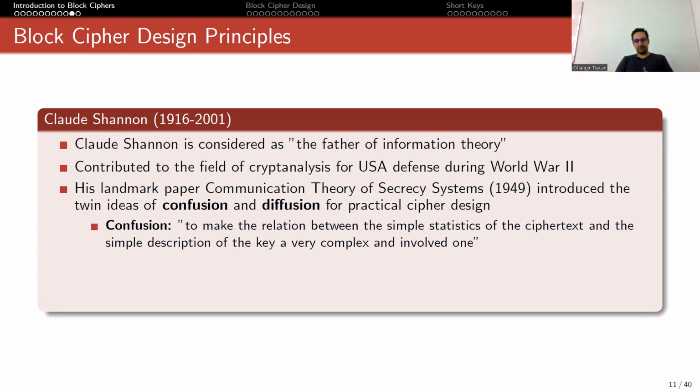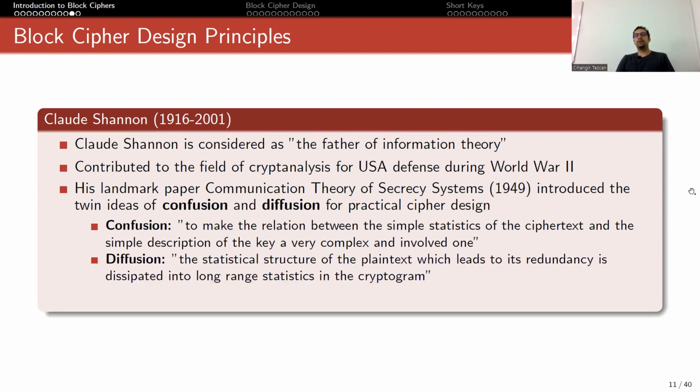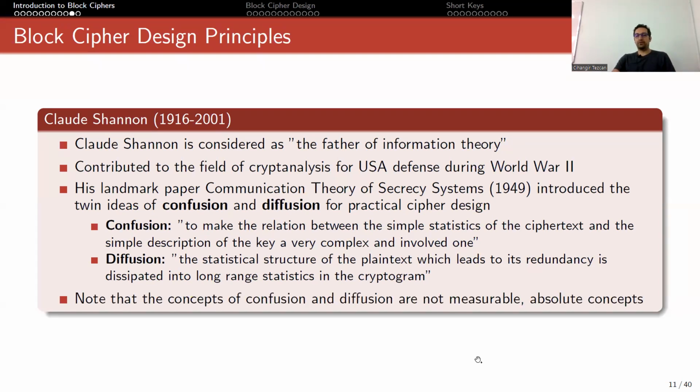Confusion is defined by him as follows: to make the relation between the simple statistics of the ciphertext and the simple description of the key a very complex and involved one. And for diffusion, the statistical structure of the plaintext which leads to its redundancy is dissipated into long-range statistics in the cryptogram. So note that these concepts of confusion and diffusion are not measurable concepts.